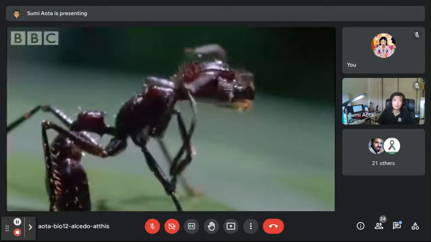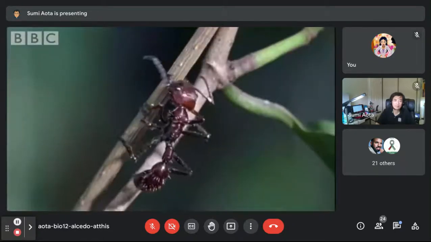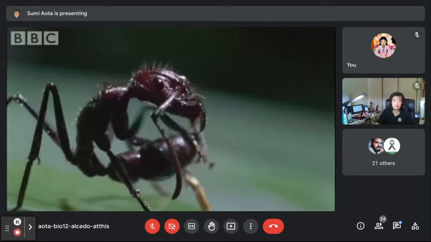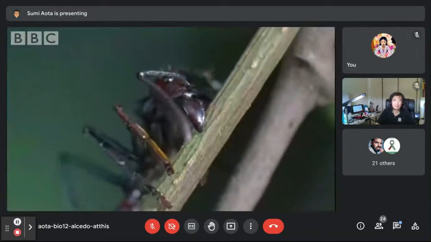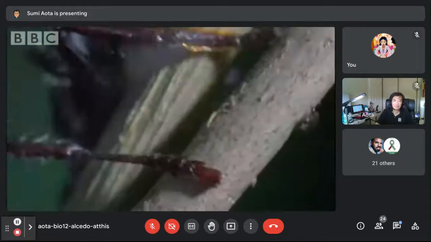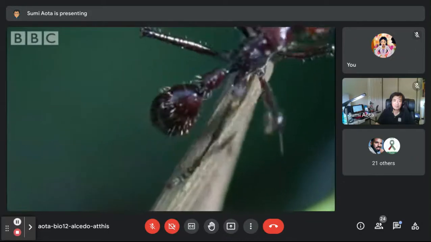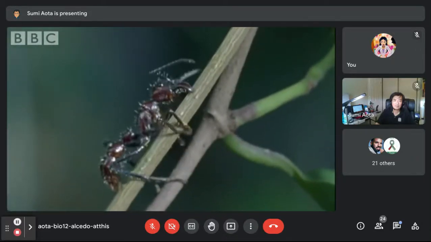Spores from a parasitic fungus called cordyceps have infiltrated their bodies and their minds. Its infected brain directs this ant upwards. Then, utterly disorientated, it grips a stem with its mandibles.